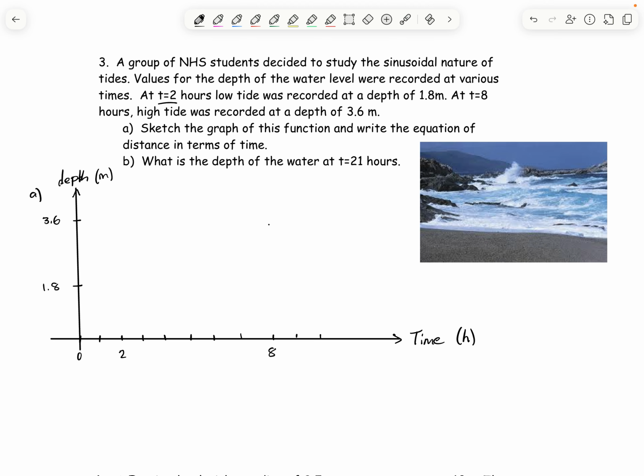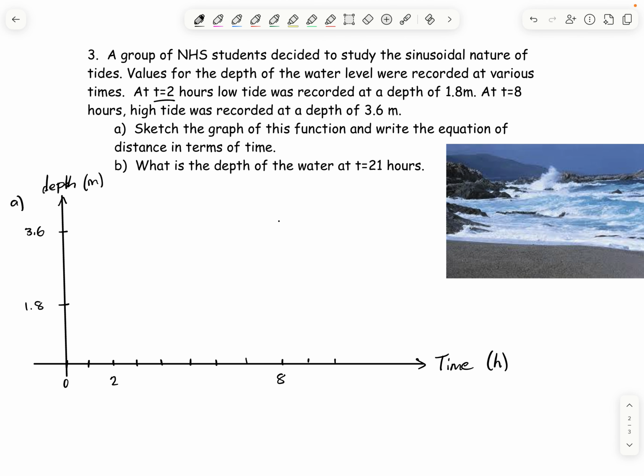Put a dot right there. Okay, very good. Put a dot at 2 over there. So now, that's low tide and high tide.